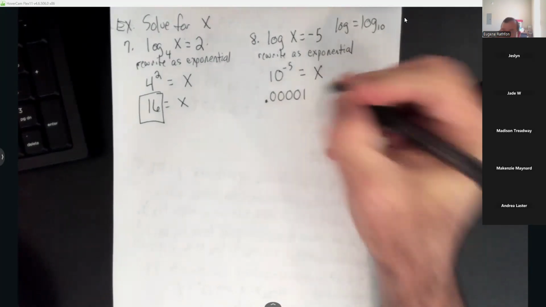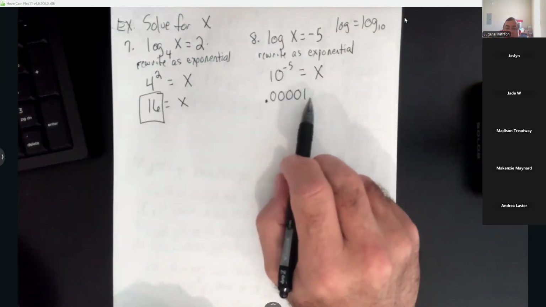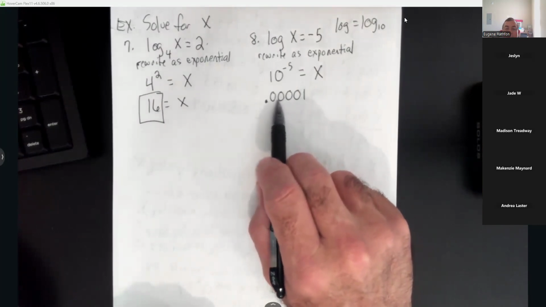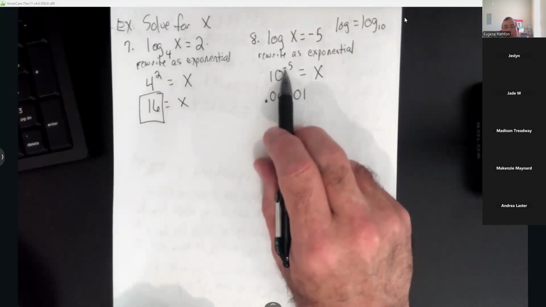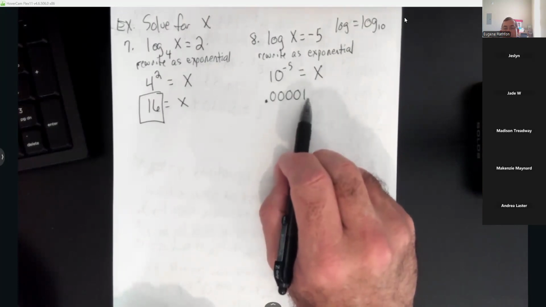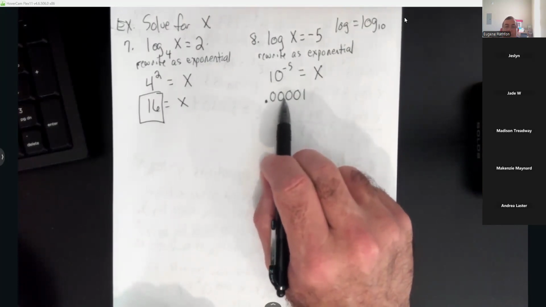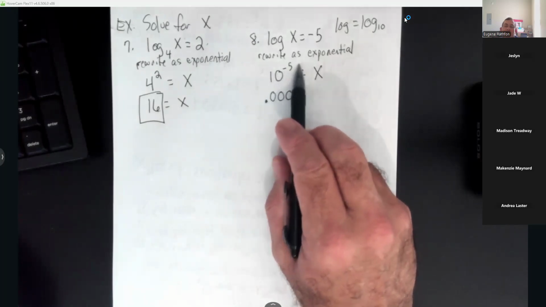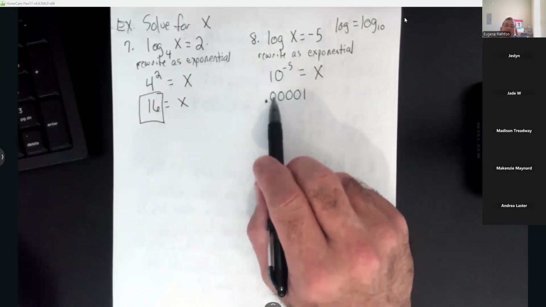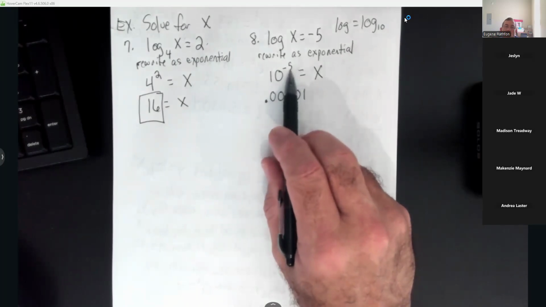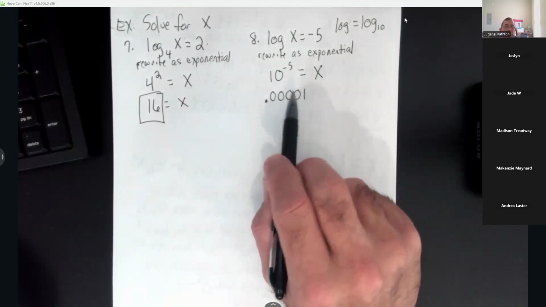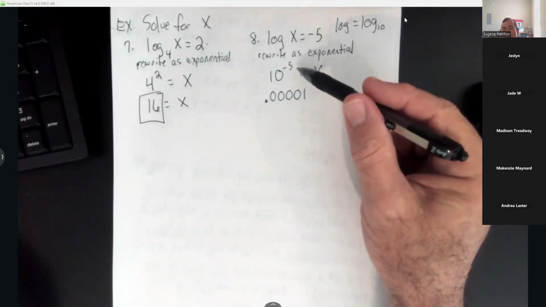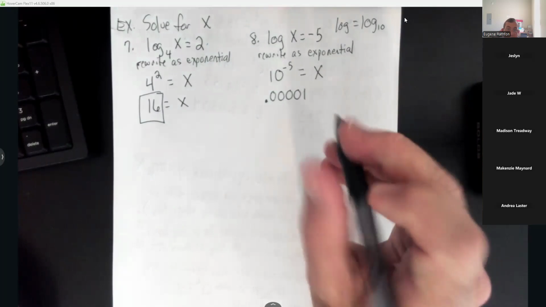So -5 is like moving the decimal left 1, 2, 3, 4, 5 times. If you had a -3, you'd be like 1, 2, 3, .001. So if you're at a -5, you'll have 4 zeros and a 1. -4 would be 3 zeros and a 1, and so forth. They're converting these negative exponents into decimal answers on that one.